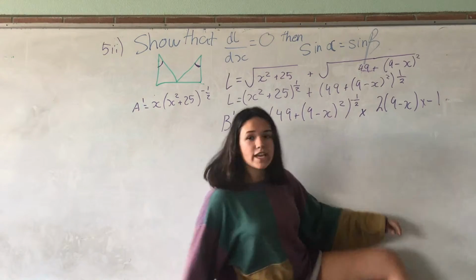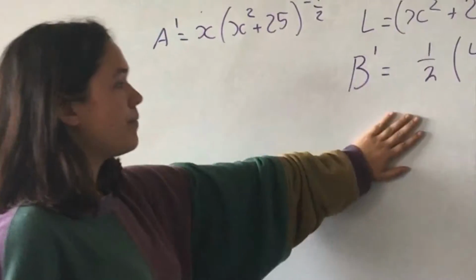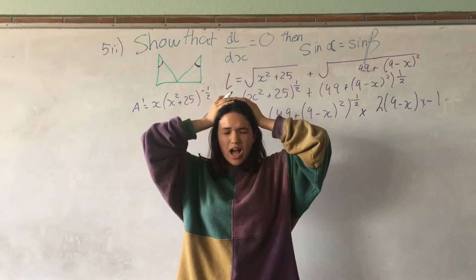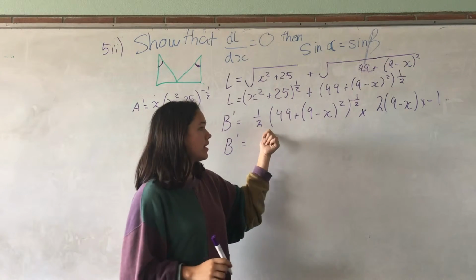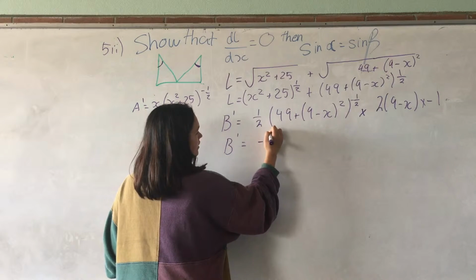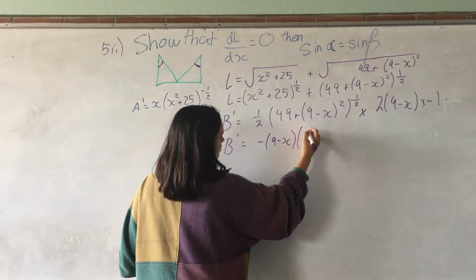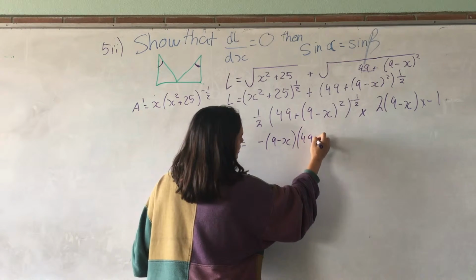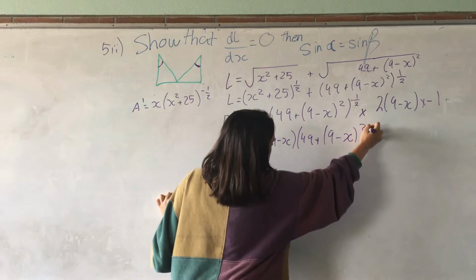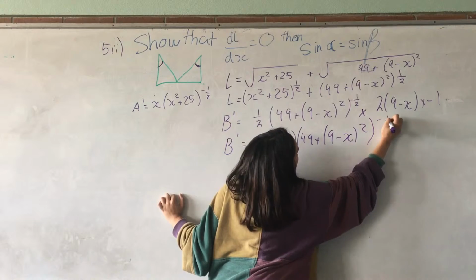Don't forget your negatives! I'm going to simplify this down now. This 2 here is going to cancel out the half here, and this negative 1, I'm just going to apply that to that and put this out the front. Negative (9 minus x), bracket 49 plus bracket 9 minus x squared to the power of a negative half.